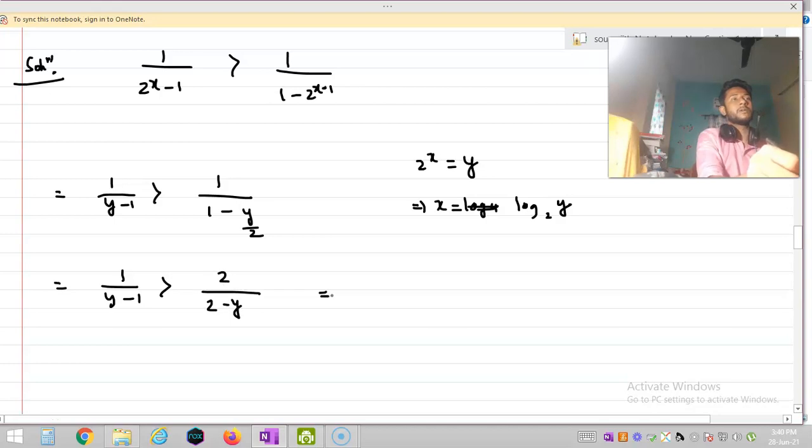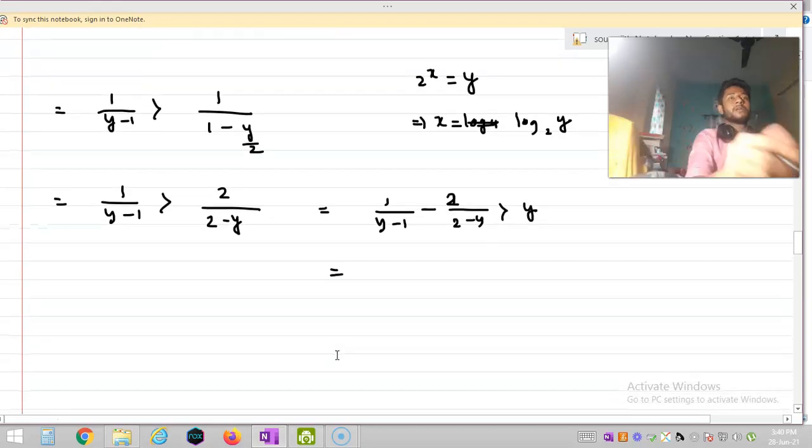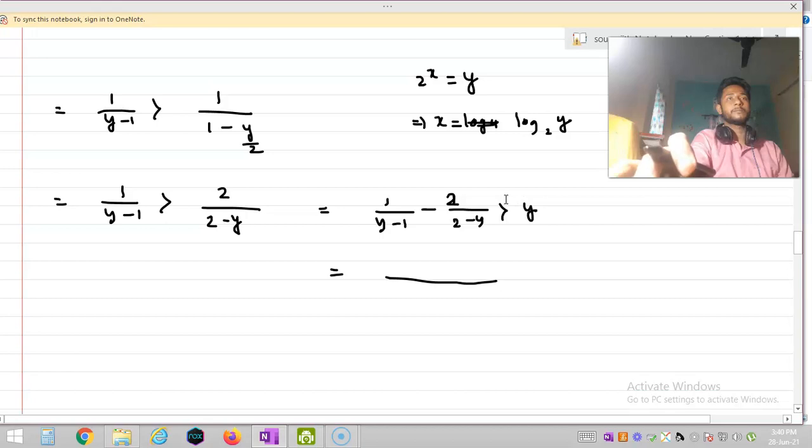So this is equal to 1 by y minus 1 minus 2 by 2 minus y greater than 0.